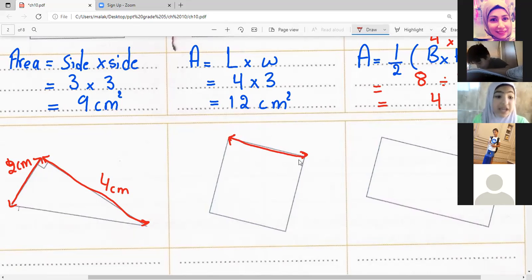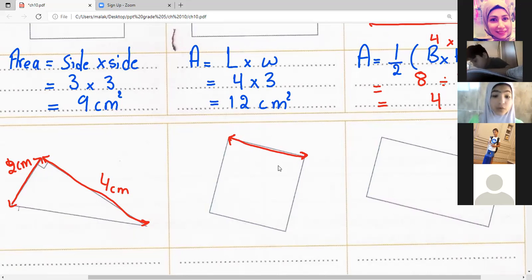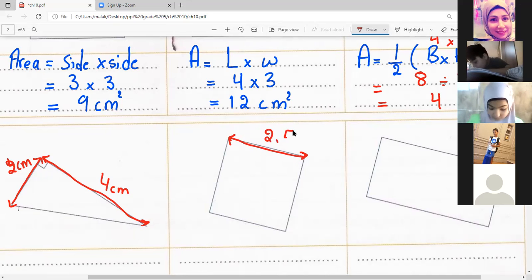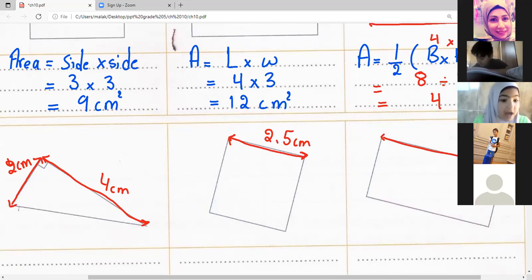How much is this side? No, it's not 3. Miss, 2 and a half. Exactly, it's 2 and a half. Okay, the rectangle. 4. Teacher, 4 and 2.